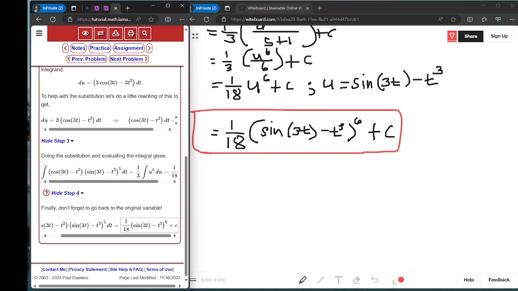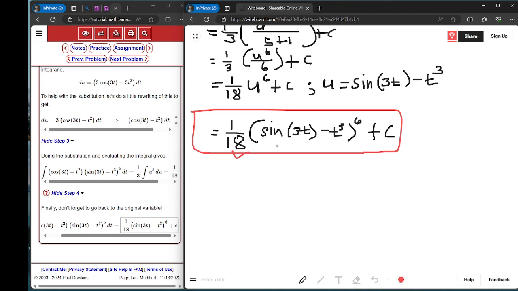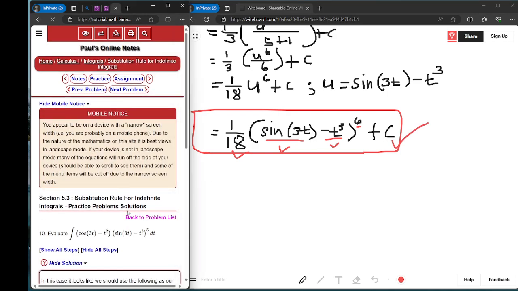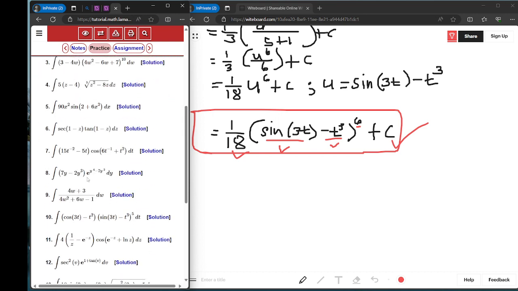This is 1 over 18 times sine of 3t minus t cubed, all raised to the power of 6 plus c. All right, our solution is correct, and that's great news.